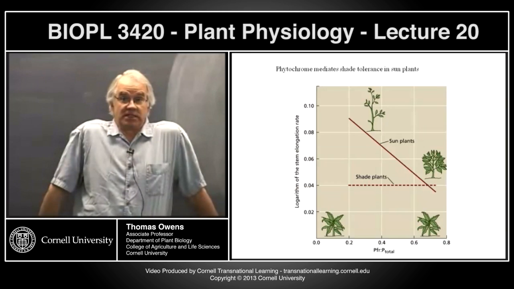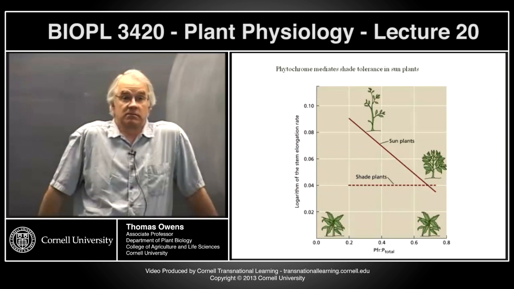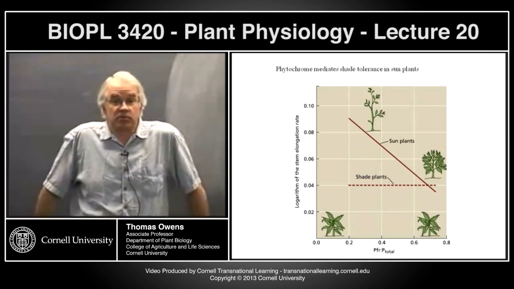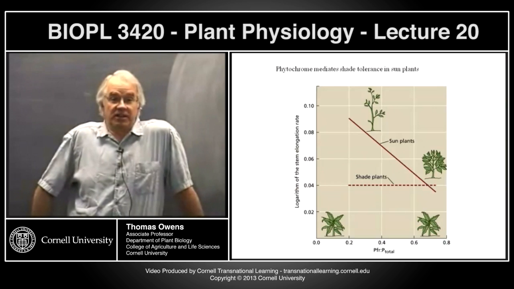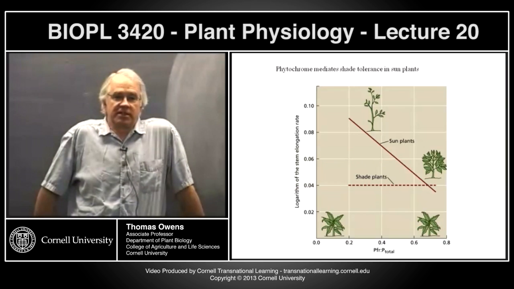Does Phytochrome exist in other photosynthetic organisms besides plants? Is there Phytochrome in mosses? Yeah, there is. Read it. It was in the textbook. Is there Phytochrome in algae? There's Phytochrome in cyanobacteria. So the most primitive types of photosynthetic organisms have Phytochrome in them.